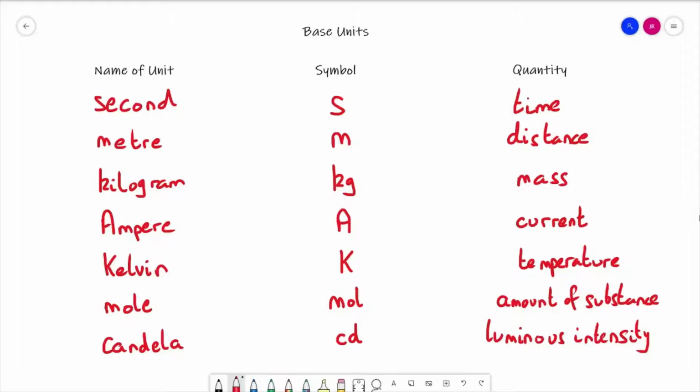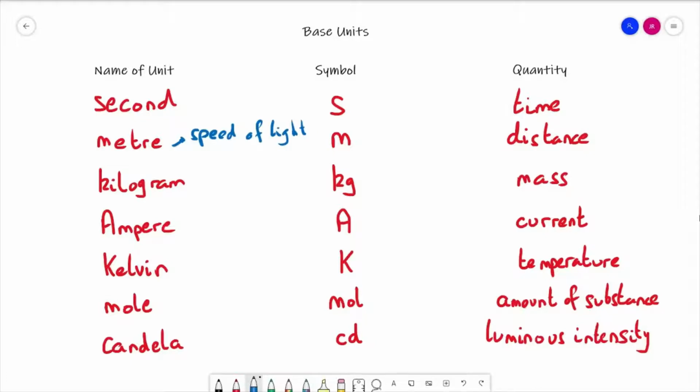Now, the reason why these seven are defined as the base units is because every single one of them, so all seven of them, are defined based on some fundamental constant of nature. The metre, for example, is actually defined from the speed of light, which we know as a value is close to 3 times 10 to the 8 metres per second.